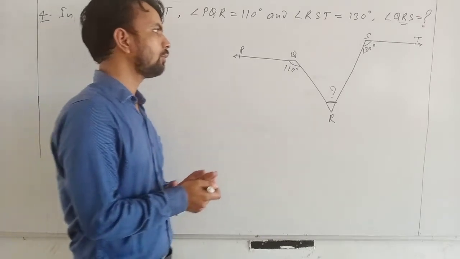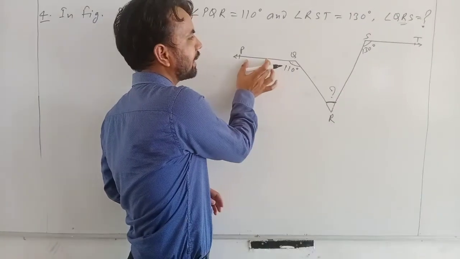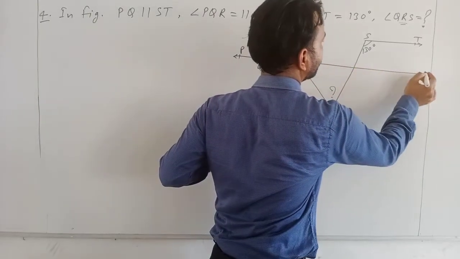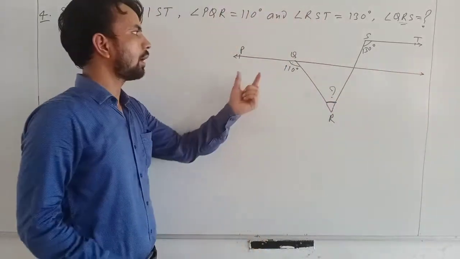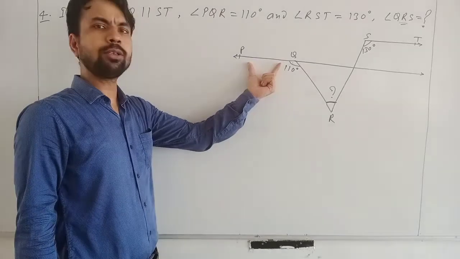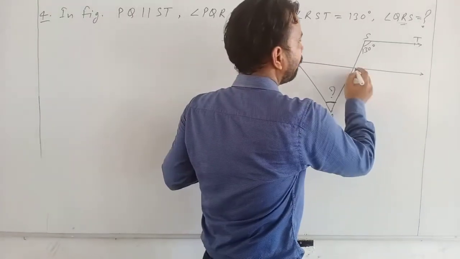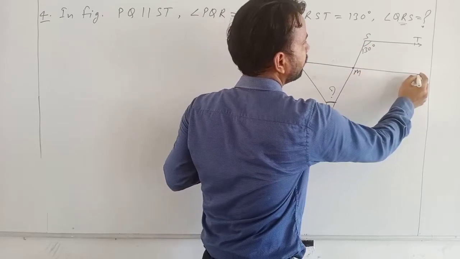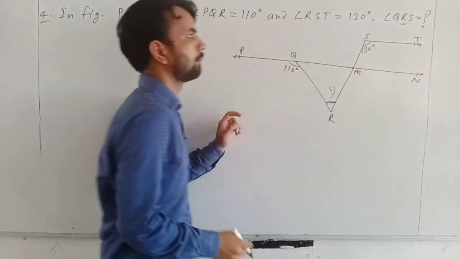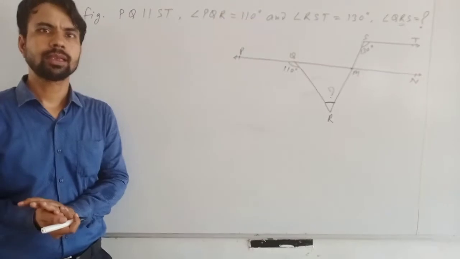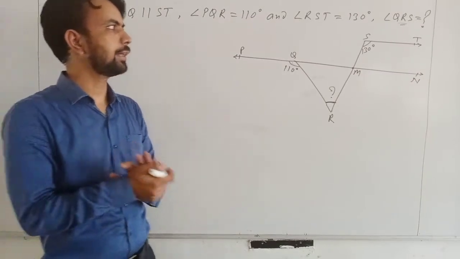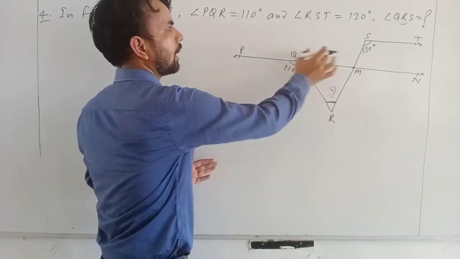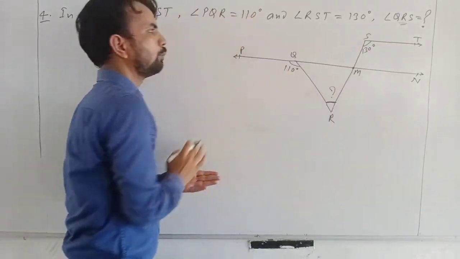Beta, we can do one thing. We can extend this line PQ. I have extended PQ which intersects SR at the point M, and this point is N. Understood? Any confusion? Great. So beta, ST and PQ both are parallel.